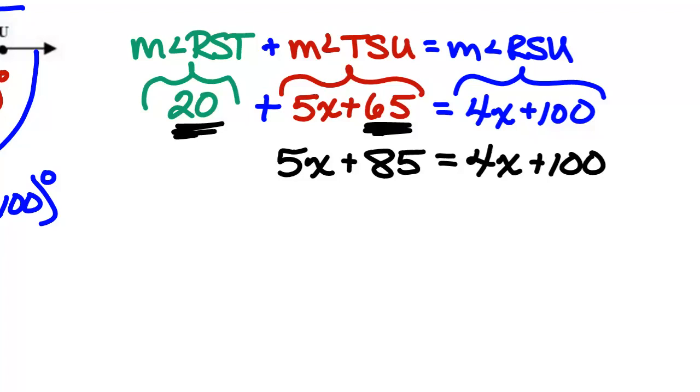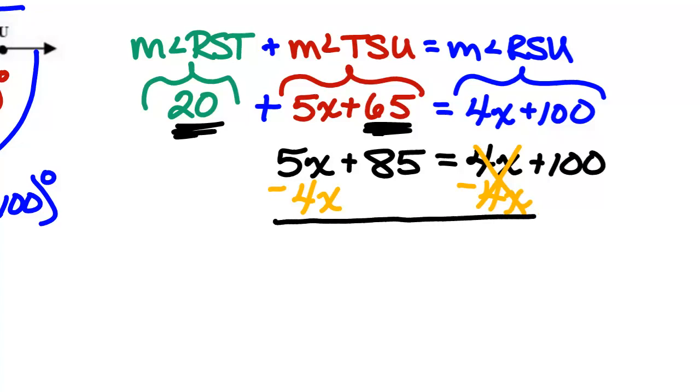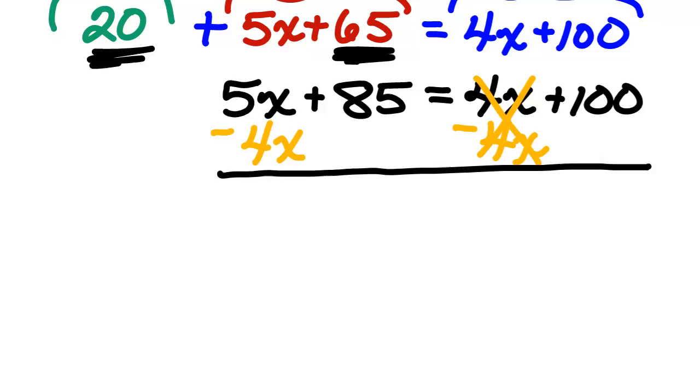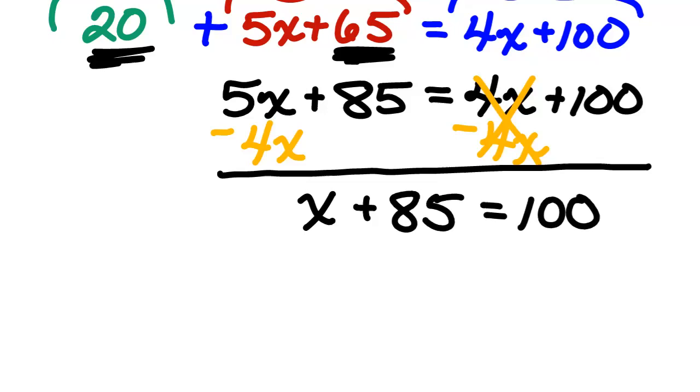Remember, I want to group all my x's together. Well, we want to group our x's first. Is it wrong if you subtract 85 first? No. Does it mean that you leave the door open for potential mistakes? Yes. This is why I always group my x's first. What's 5x minus 4x? 1x. So x plus 85 equals 100.